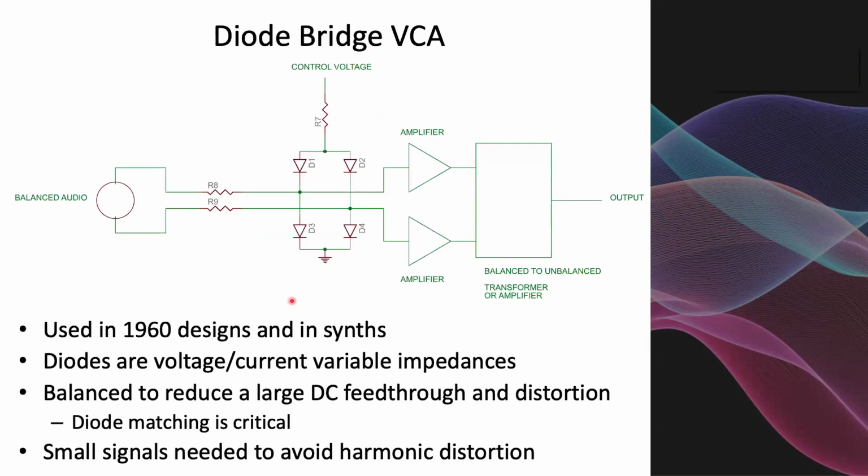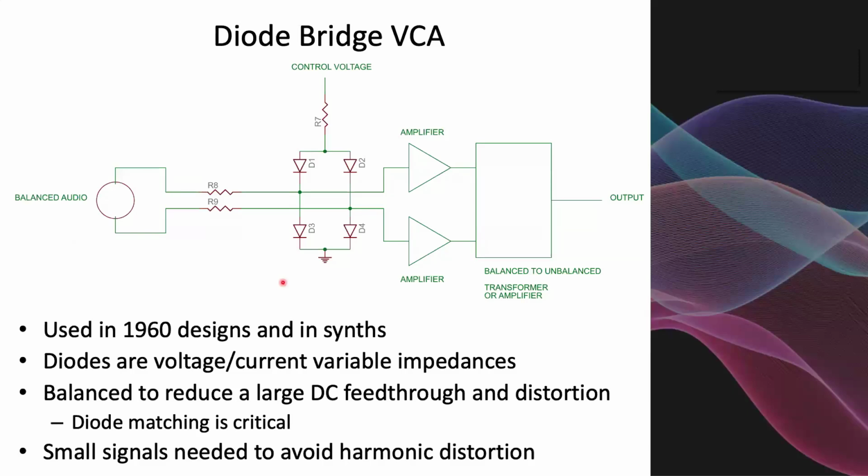Well, one way to do it is to use more than one diode in a bridge arrangement, feed it with a symmetrical signal, and sense what comes out of that balanced signal with a differential amplifier. Two things happen. One is that the DC voltage varies in a common mode way, so it's cancelled out by this arrangement here.